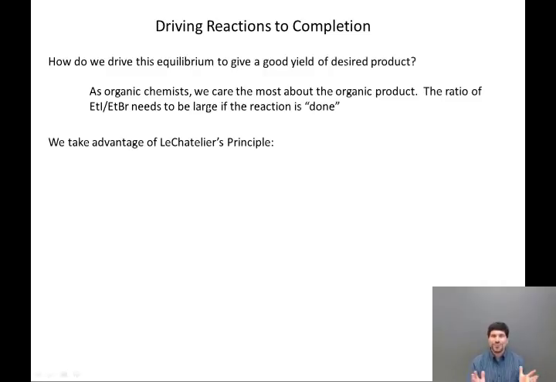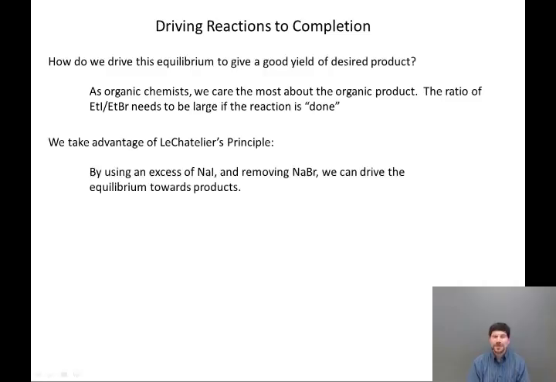That's gobbledygook to many of you. The practical application is that if you are trying to convert A into C, using more B, the inorganic starting material, and/or removing D, the inorganic byproduct, can drive the equilibrium towards products.